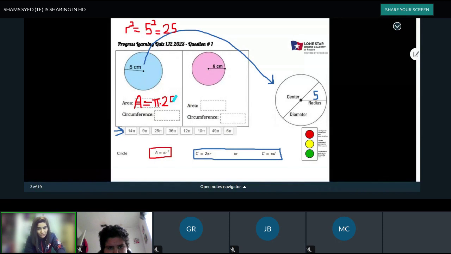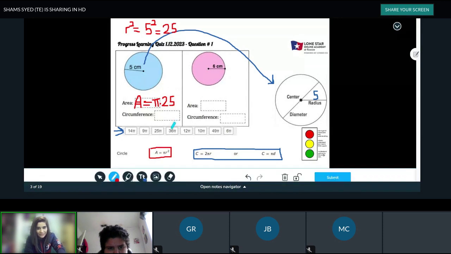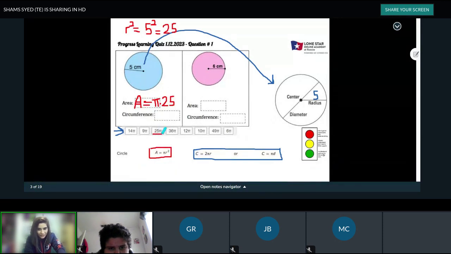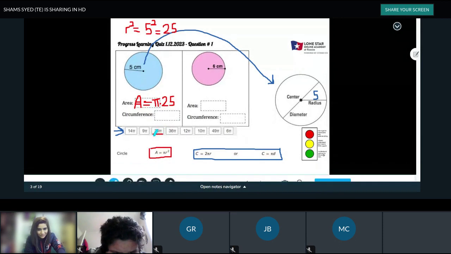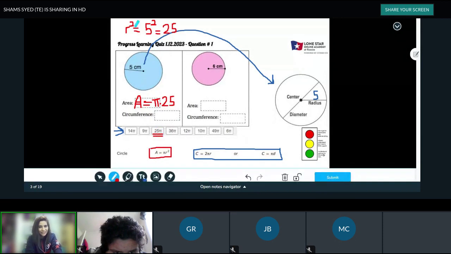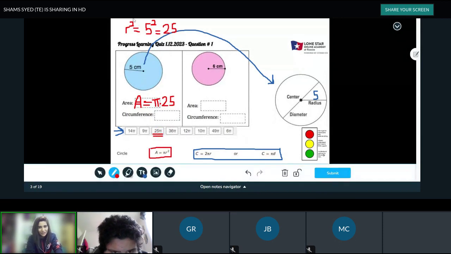If you will multiply the two, you will get an answer that is 25 pi. I'm going to pause here. Does that make sense to you? Are there any questions? The area of this first circle will be 25 pi, right?